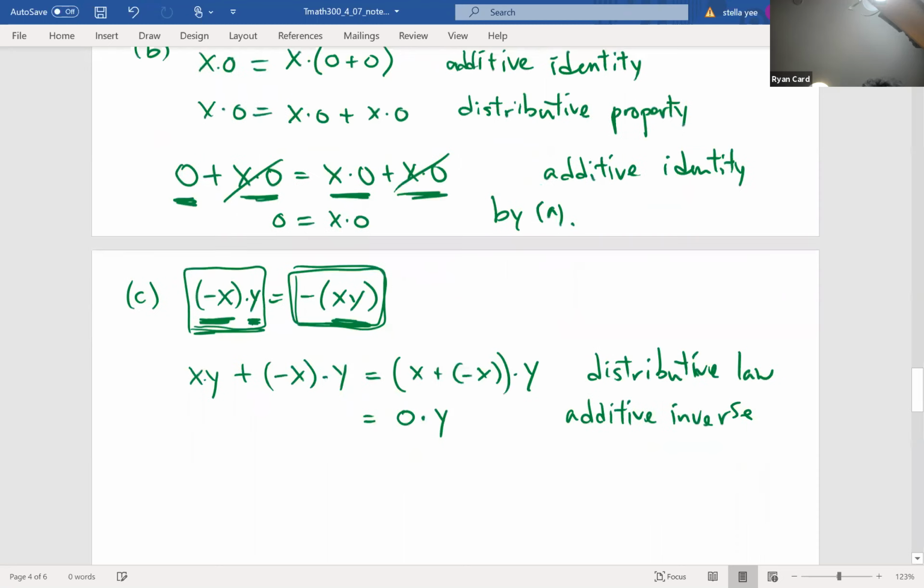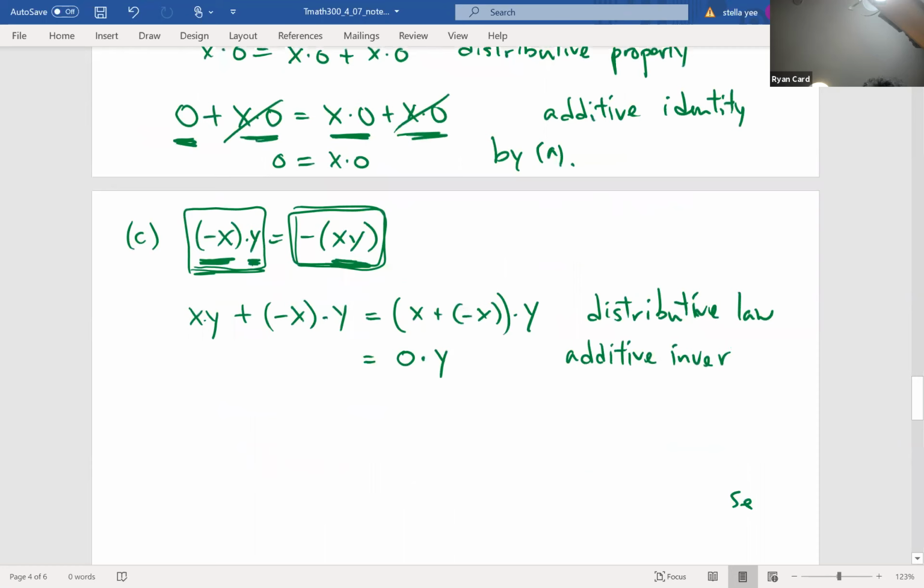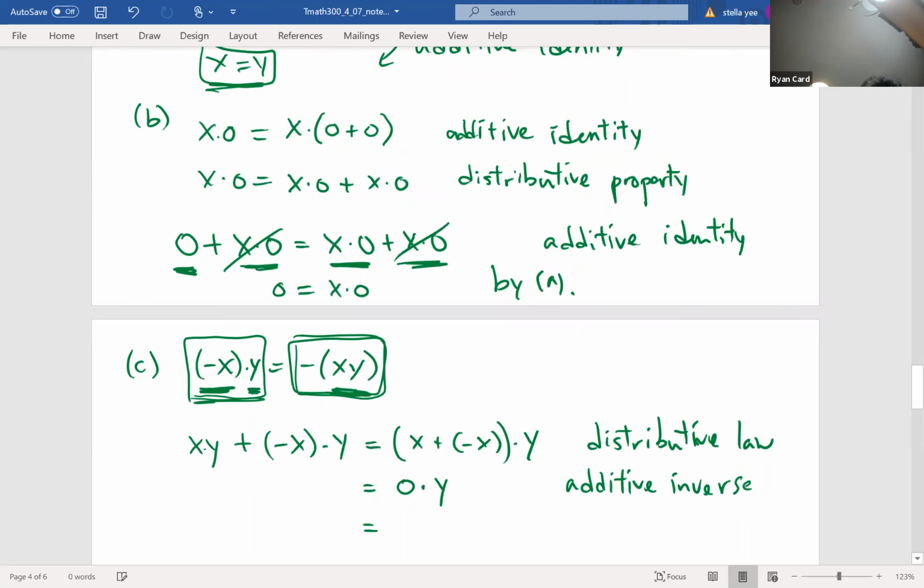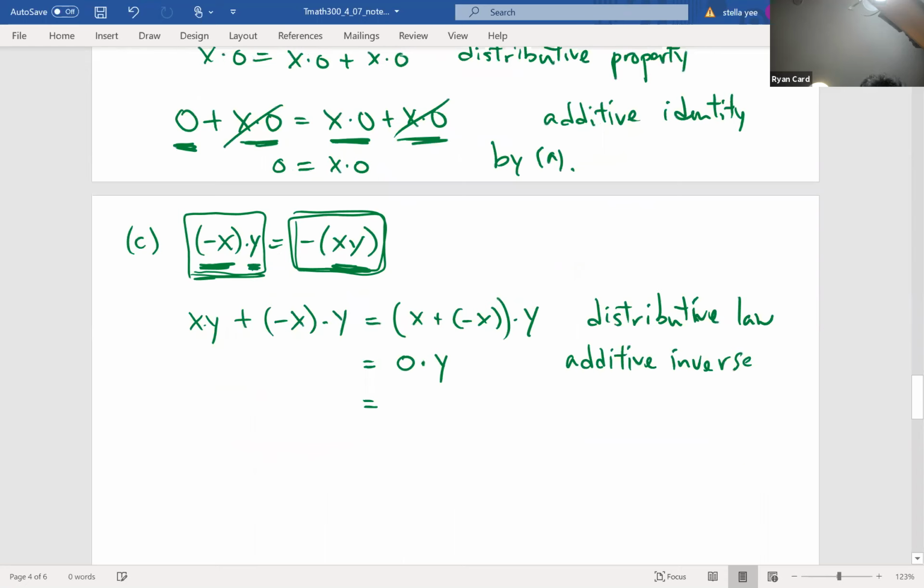And then by part B, 0 times anything is equal to 0. So we showed that this guy right here is an additive inverse to x times y. So I proved part C.